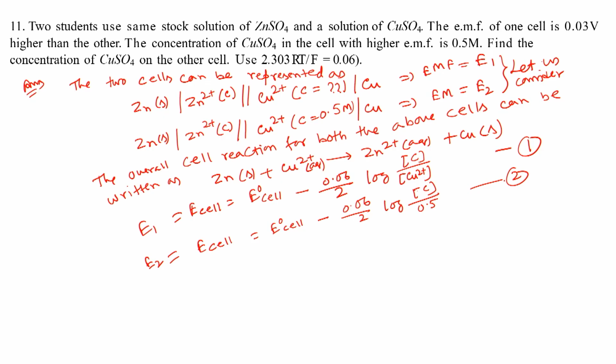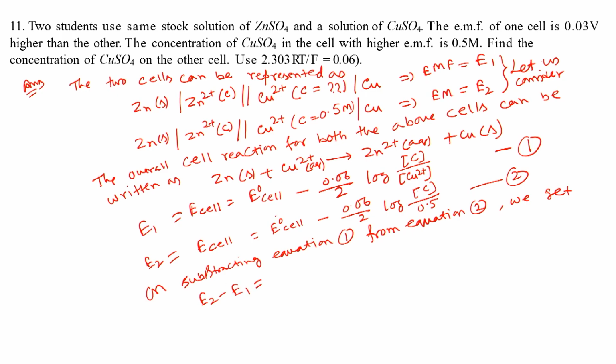Now, subtracting equation 1 from equation 2, we get E2 minus E1.